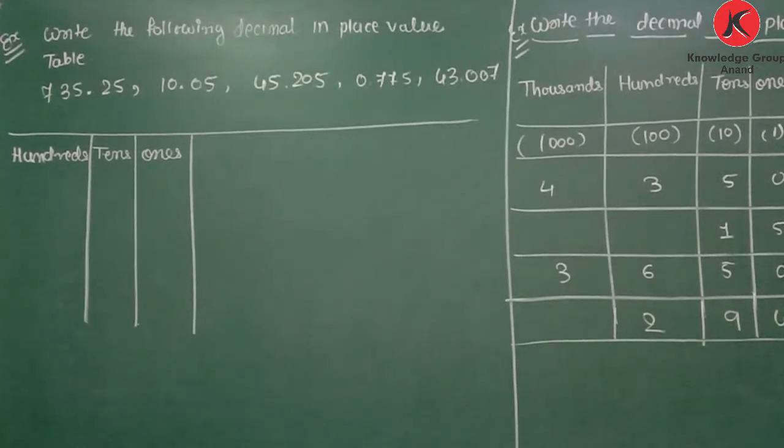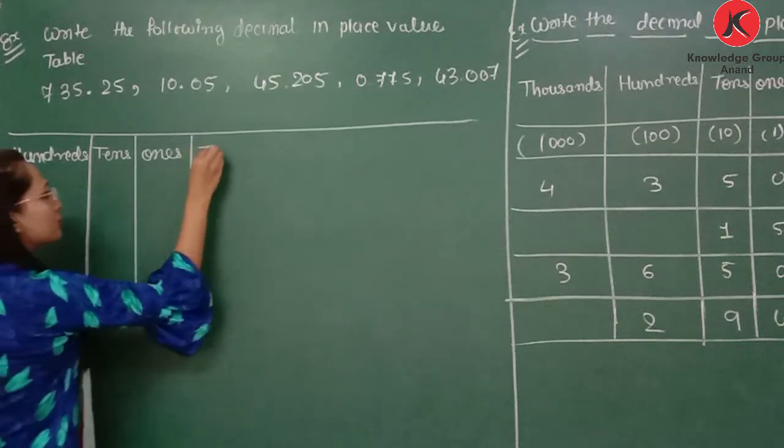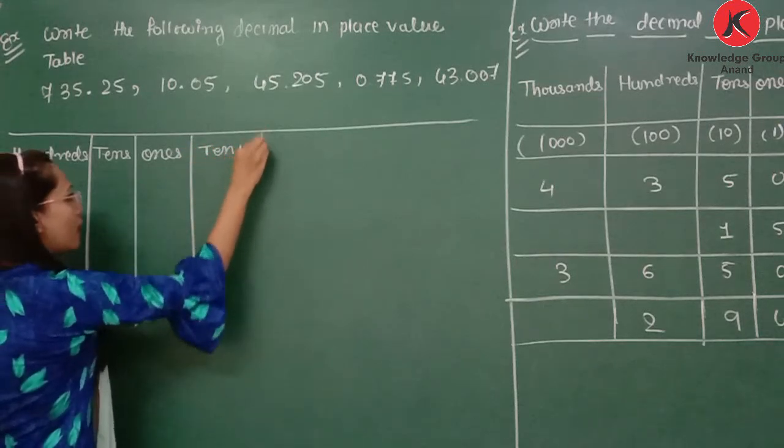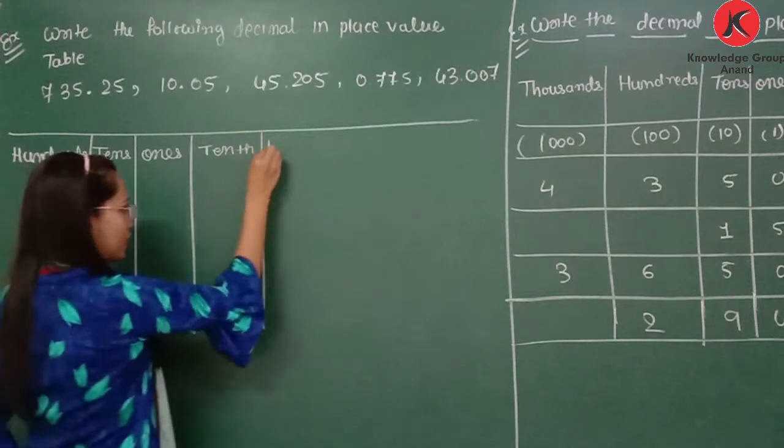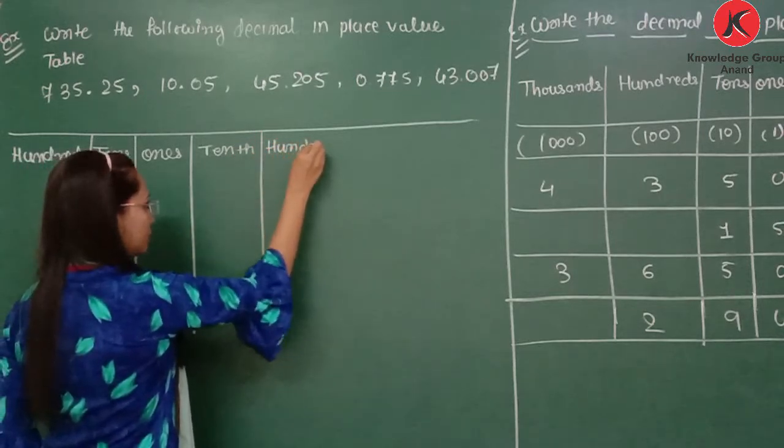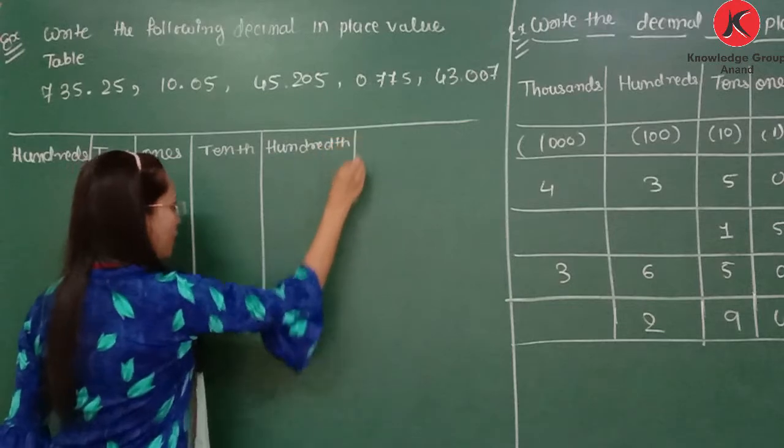After ones, we have the decimal part. So it is tenths. After tenths, we have hundredths.